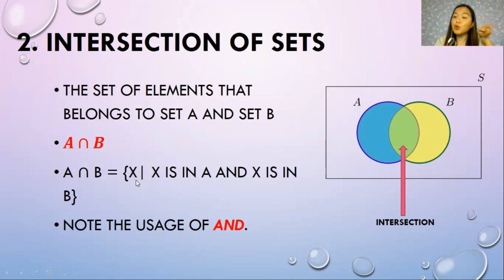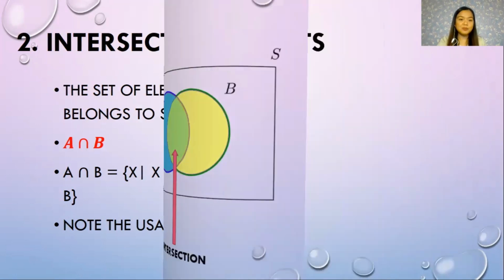Kung kanina, yung union, OR, itong intersection naman, AND. So, take a look at the diagram. Ito. Kung may common element sila, dito yon. Dito mo ilalagay.